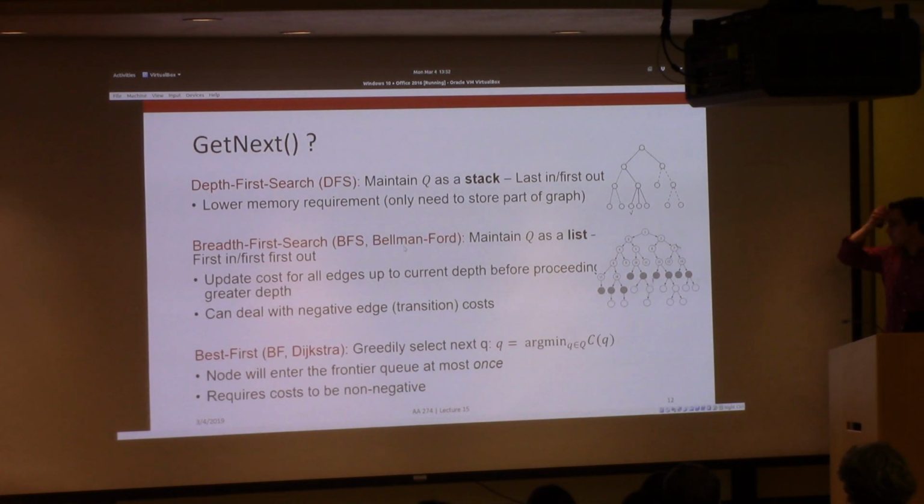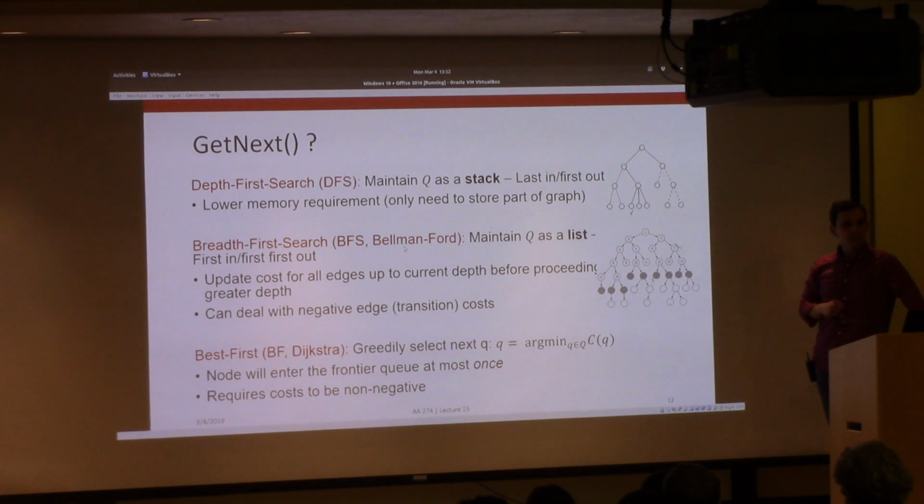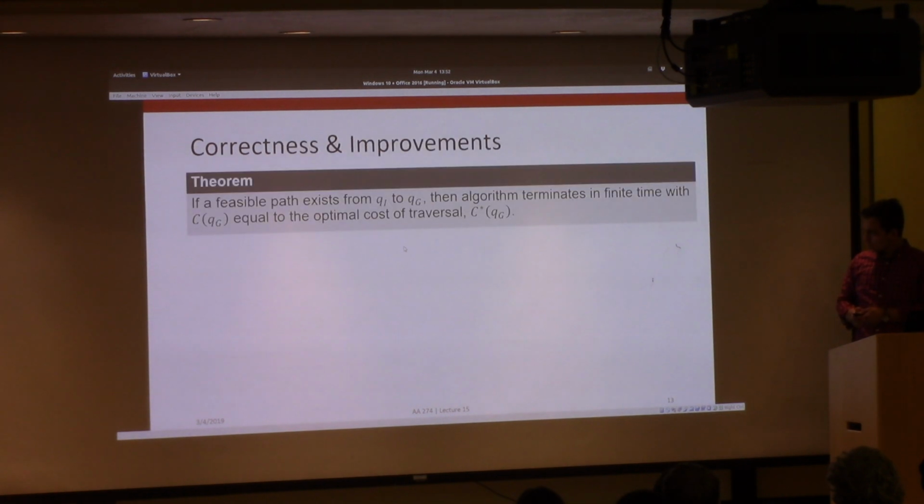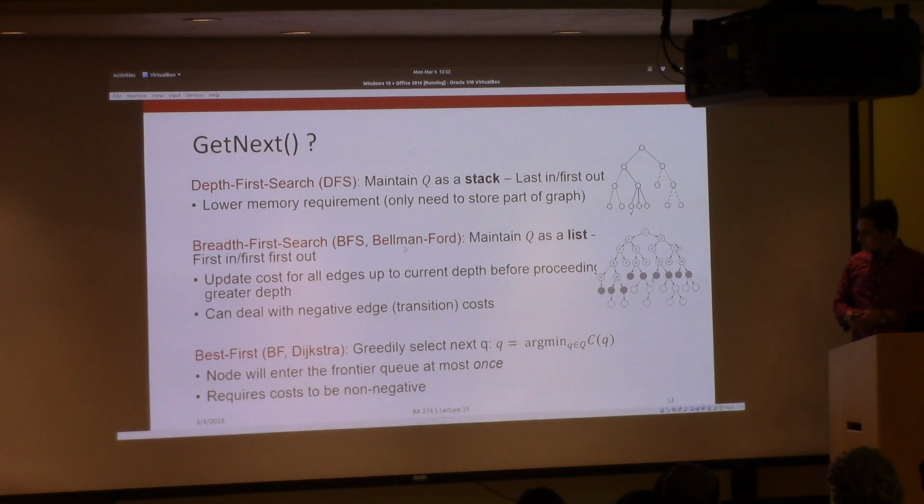So here we have a few methods for how to extract the best neighbor, or the next vertex that we will need to expand in order to unravel our graph. All those methods have something in common.